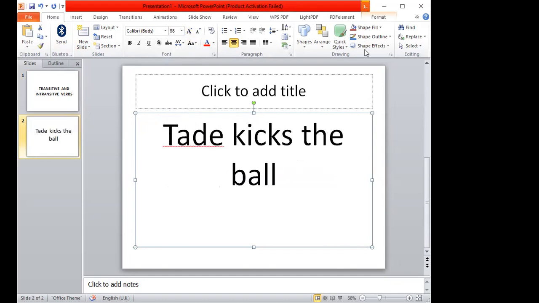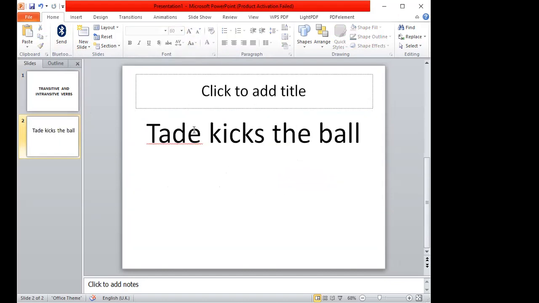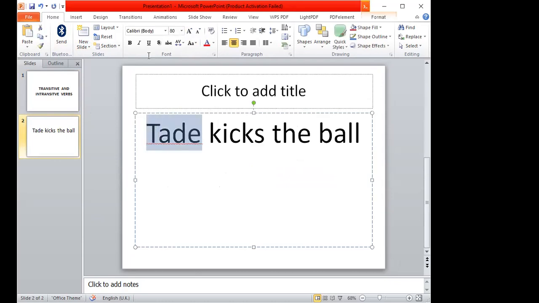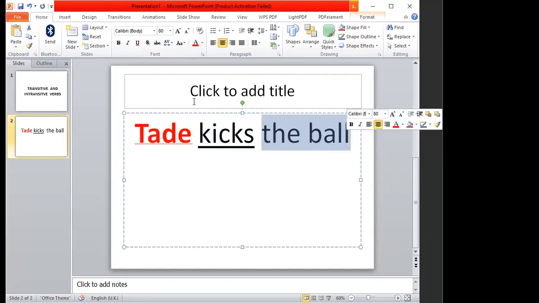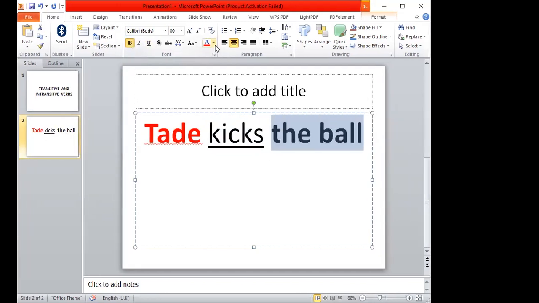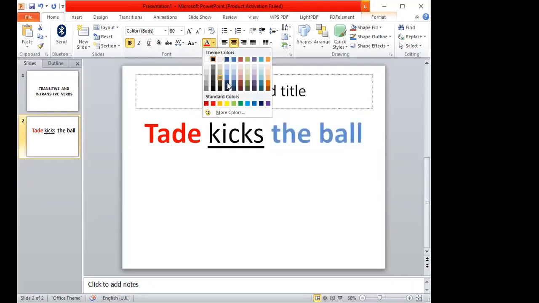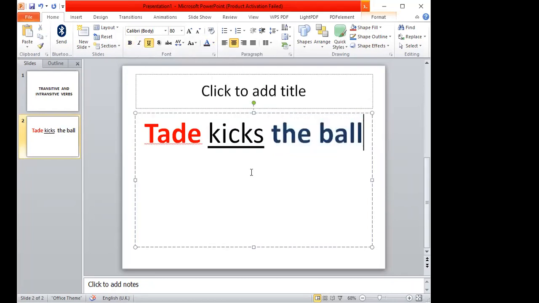Now, for this sentence, Tade here will be my subject. I'll try to identify that with red. Kicks here will be my verb. I'll try to underline that. And the ball will be my object. I'll try to identify that with another color other than red.